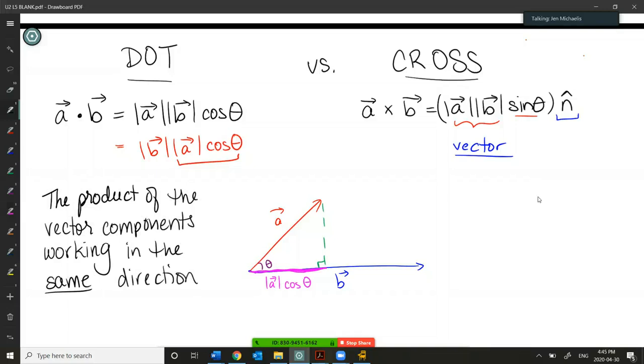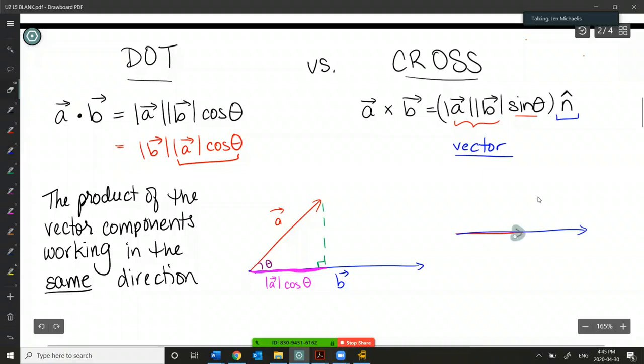Okay, so if the dot product is how the vector components work in the same direction, that means the dot product should be maximized the closer I bring this angle to vector B. So if vector A and vector B are collinear vectors, they get maximum components working together because they're working in the same direction.